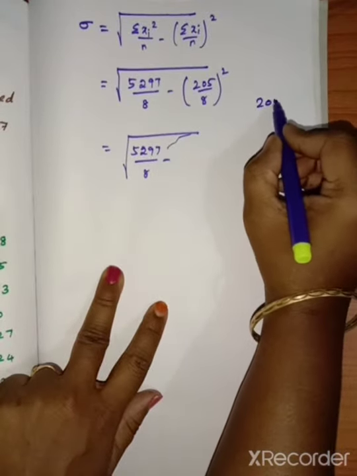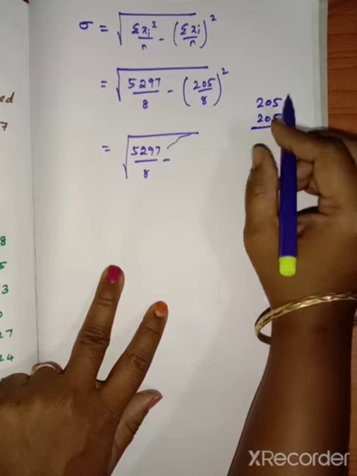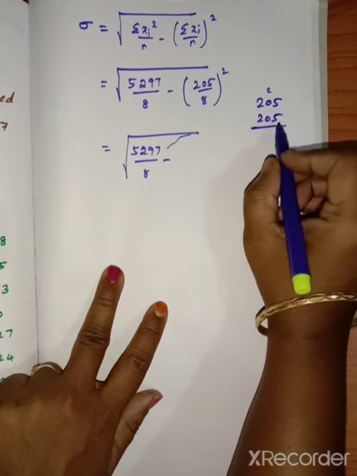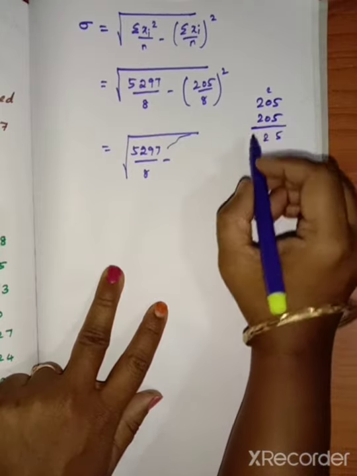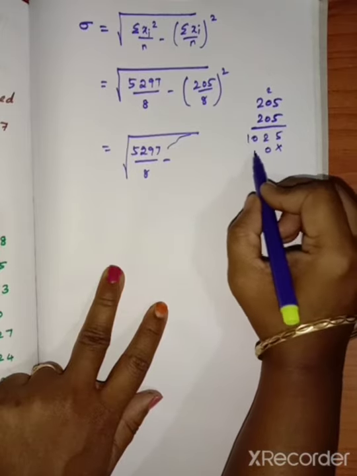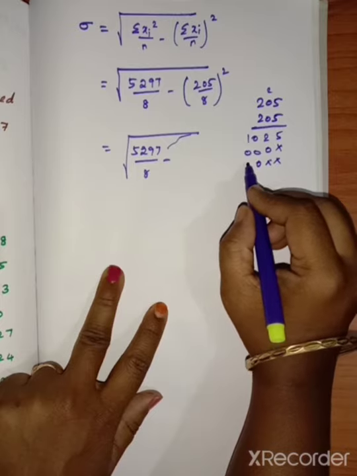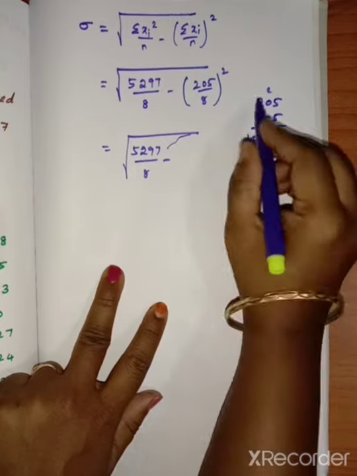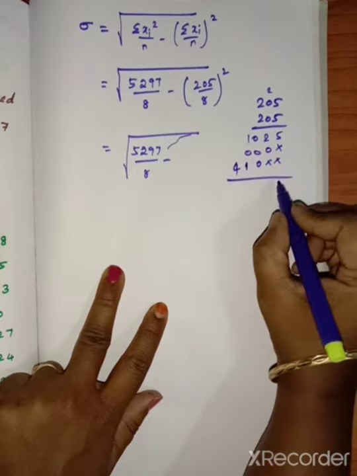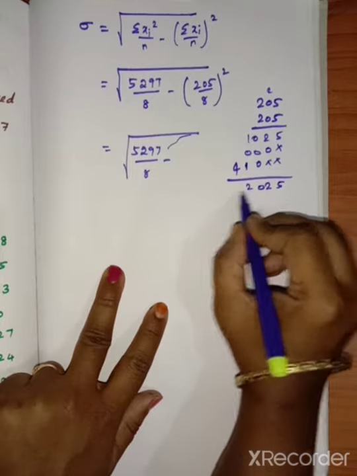So 205 into 205. So 5 5s are 25, remaining 2, 0, 2, then 2 5s are 10, 0, 0, 0. Then if you multiply, 2 5s are 10, remaining 1, 2 2s are 4, sorry 1, 2 2s are 4. Then if you add, 5, 2, 0, 2, 4.